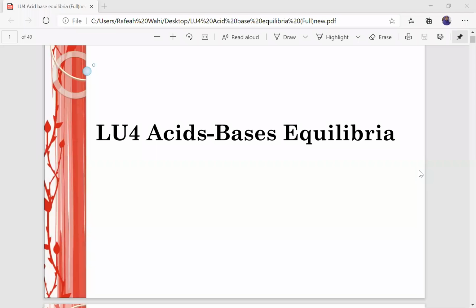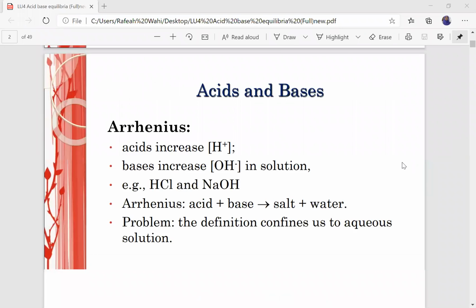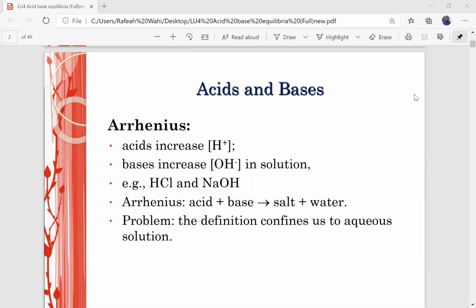So for the first part of the lecture, we're going to learn the basic definitions of acid and base and some of their properties. There are many definitions for acid and base.